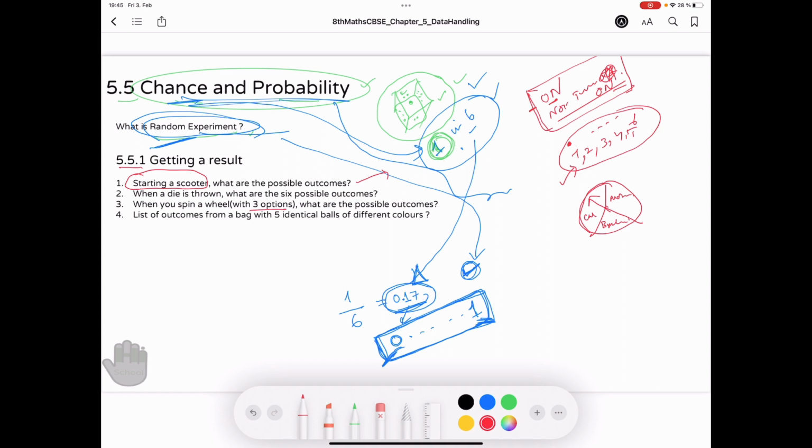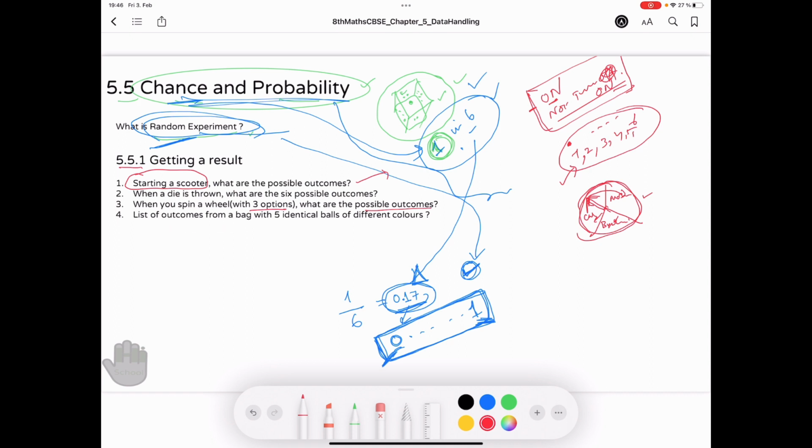When you roll a wheel, this needle is going to roll, and it can be on any of these 3 options. So there are 3 possible outcomes to this experiment of spinning a wheel which has 3 options in it. So the possible number of outcomes is 3.